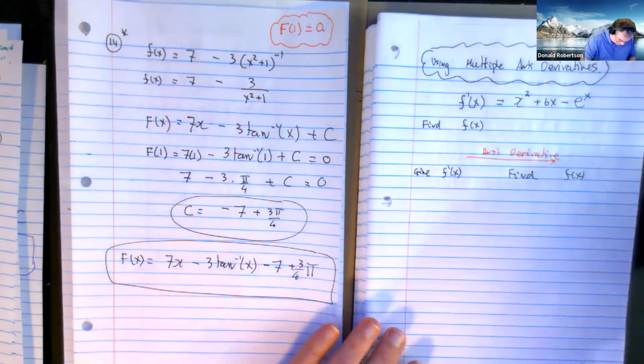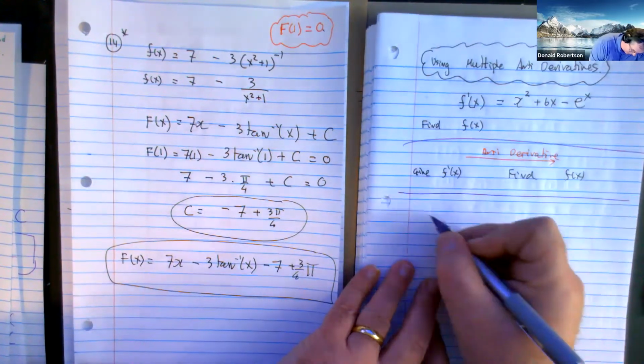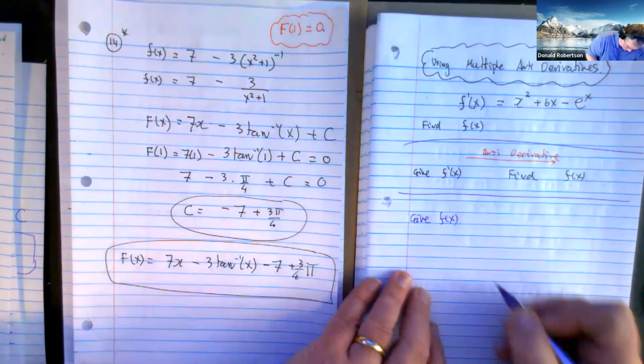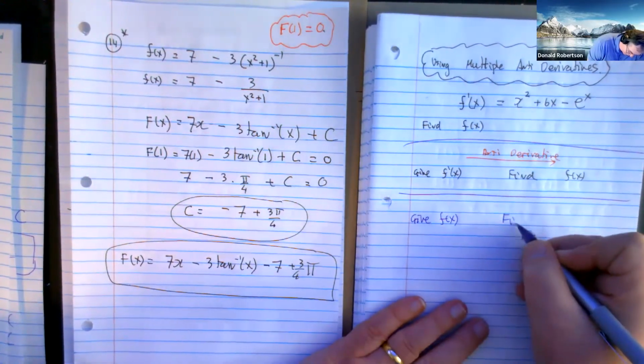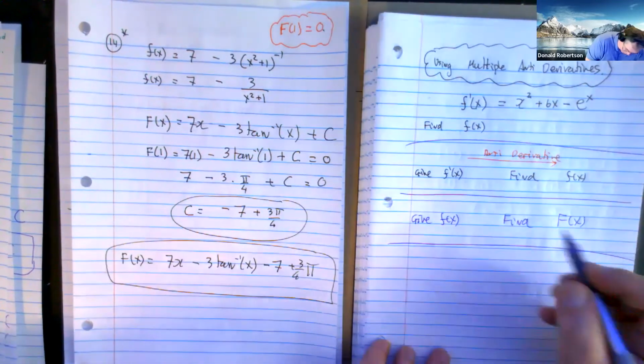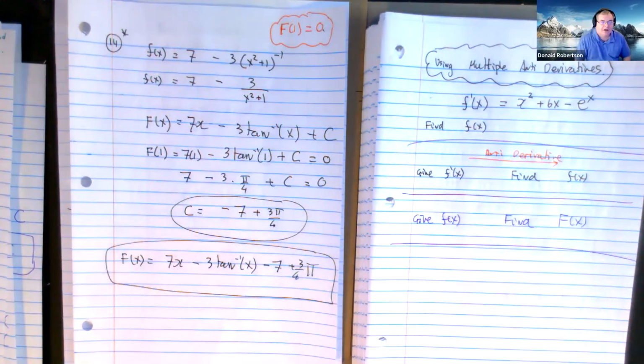The questions that we've been doing before that look something like this. They gave you a function and they called it f of x, and they asked you to find capital F of x. And that process was also called finding an antiderivative. Are we good with that? So it's not that I'm telling you to do something else.